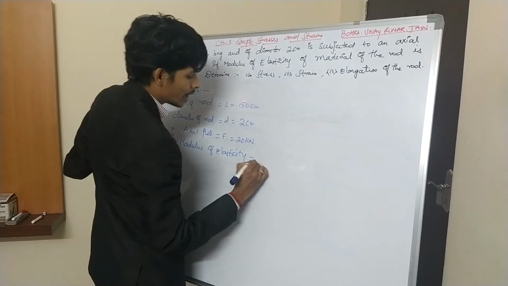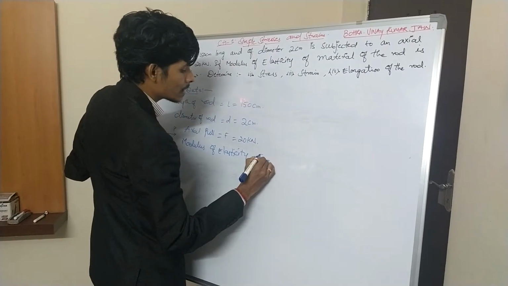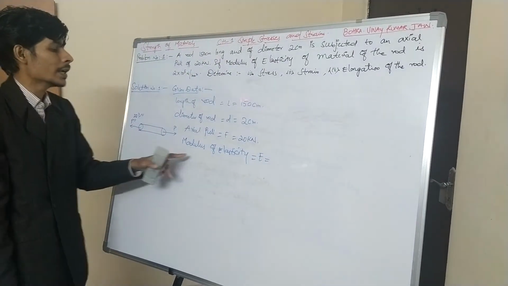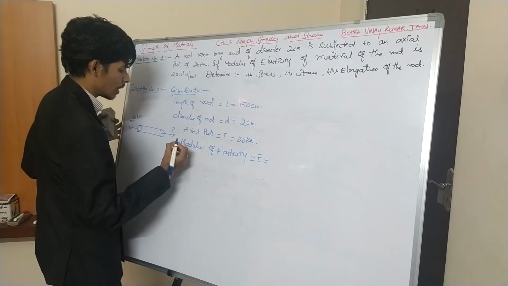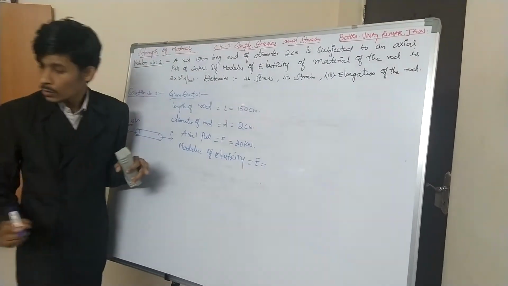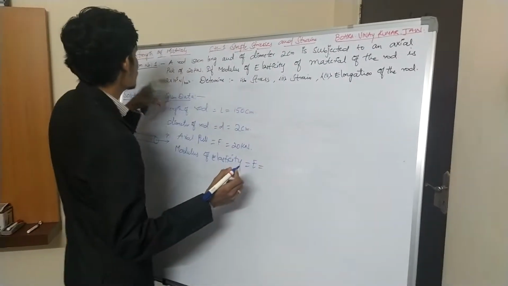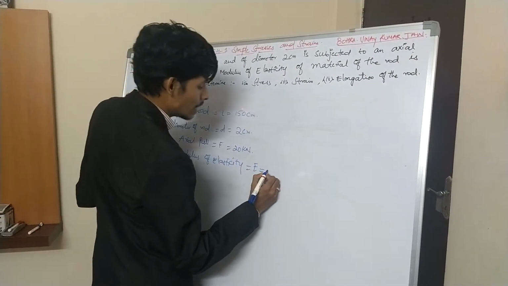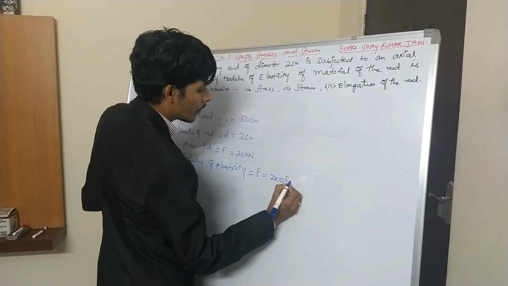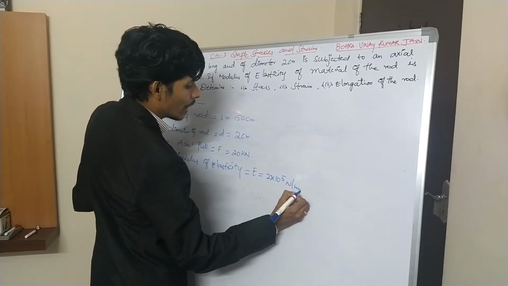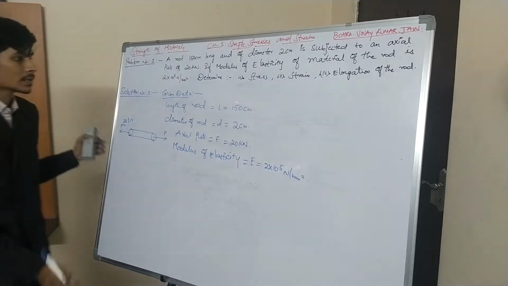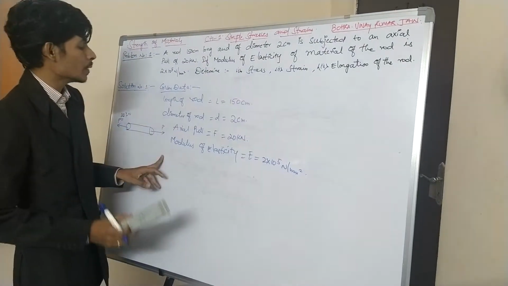Modulus of elasticity is denoted by capital E, which is nothing but the proportionality constant we got from Hooke's law. If you look back to your second lecture, you will understand. So E equal to 2 into 10 power 5 Newton per mm square is the modulus of elasticity. These are the given data.